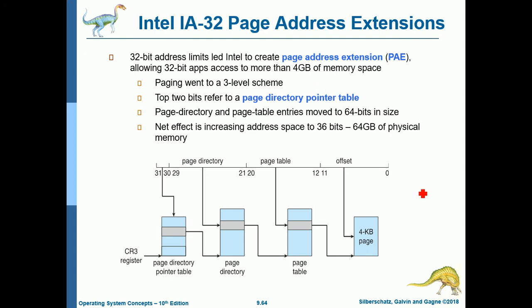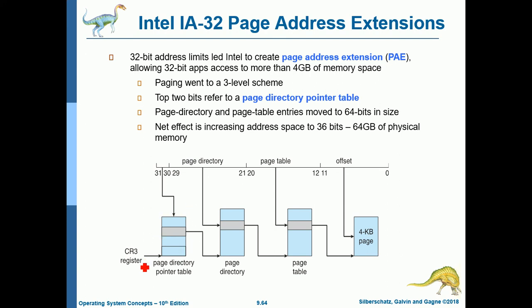So again, it's 32 bits, so 0 to 11 is the offset, 12 to 20 is the page table, and 21 to 29 is the page directory, and then we have 2 bits here for the page directory pointer table. So this also illustrates a PAE system with 4 kilobyte pages. PAE also supports 2 megabyte pages.